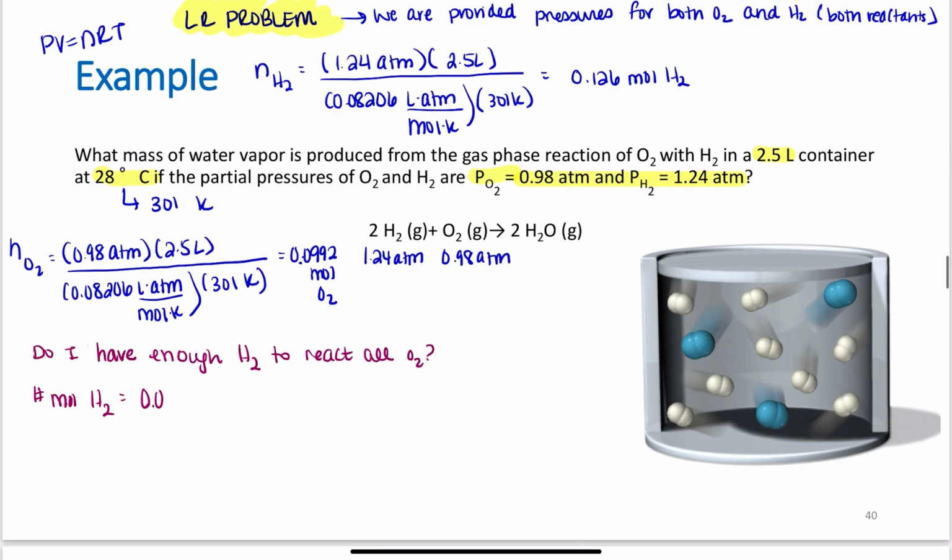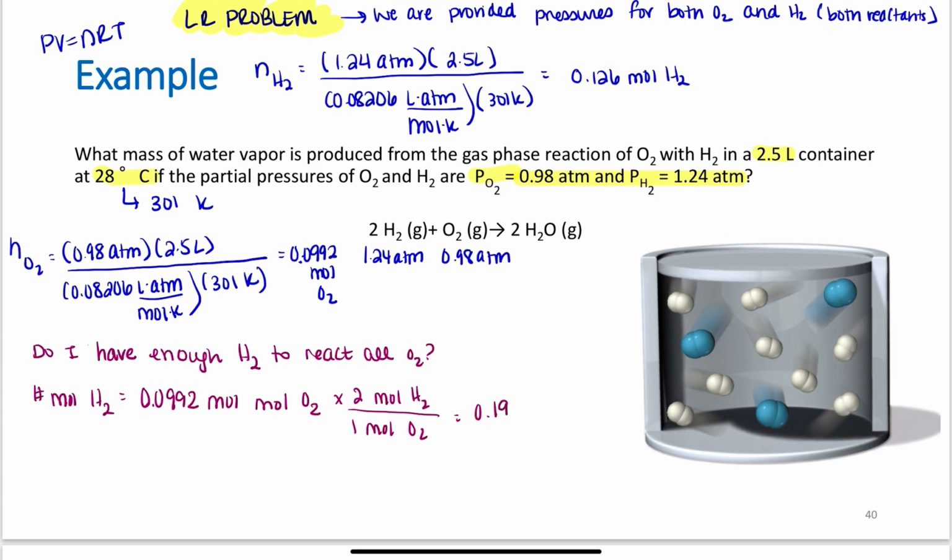If I'm reacting 0.0992 moles of O2, it takes 2 moles of H2 to react 1 mole of O2. And I didn't actually calculate that, so one second, 0.0992 times 2 would give me 0.198 moles of H2 needed.